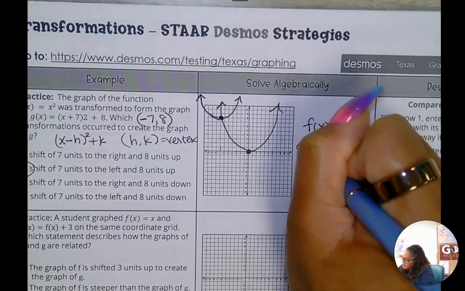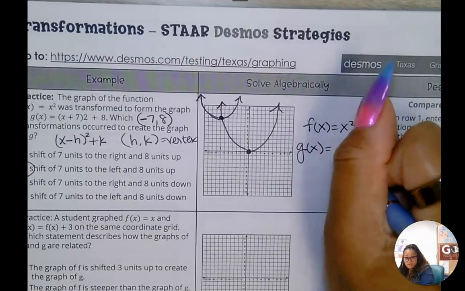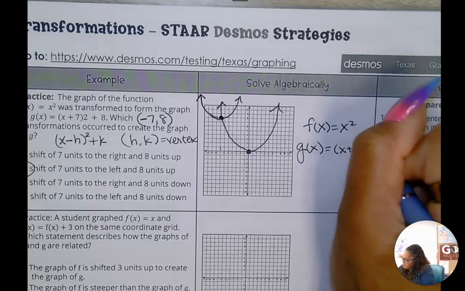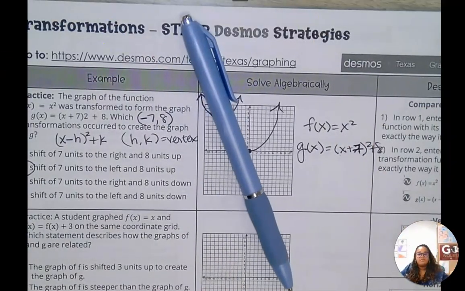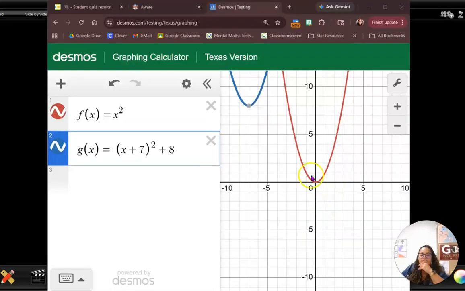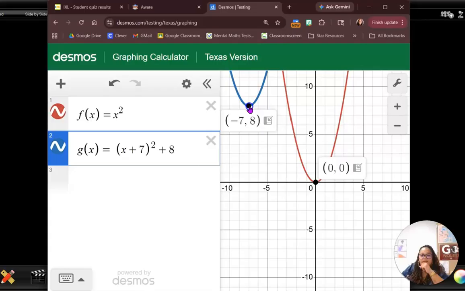And then put the next function in, which is g of x equals (x plus 7) squared plus 8. So in DESMOS, here's my parent function, f of x equals x squared, and then here's my translated function, 7 units to the left and up 8.